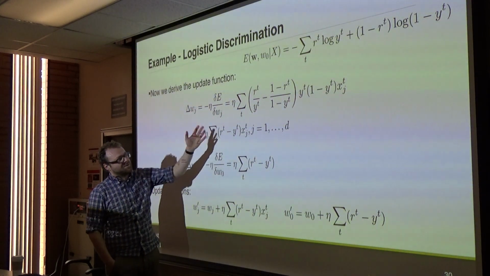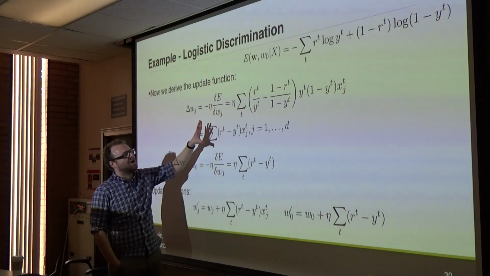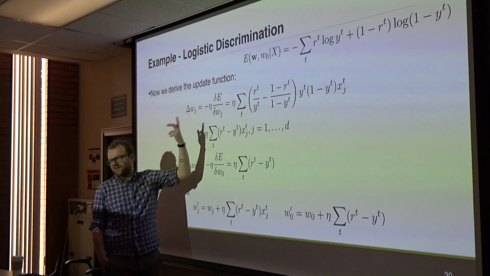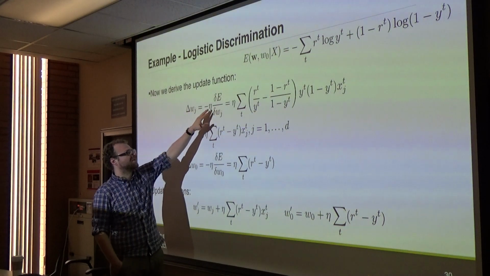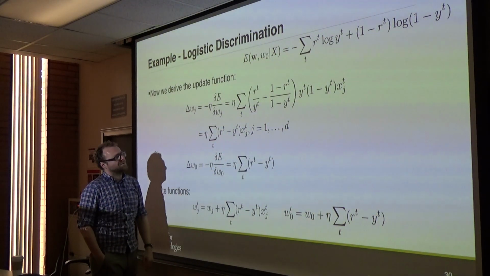We don't have to calculate the partial derivative for all of them separately because it ends up the same. We can just say from j equals 1 to d.